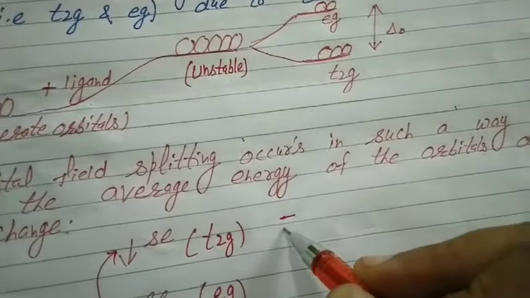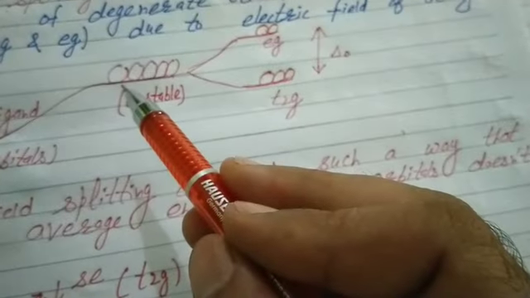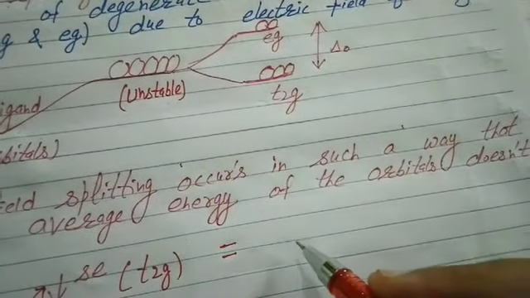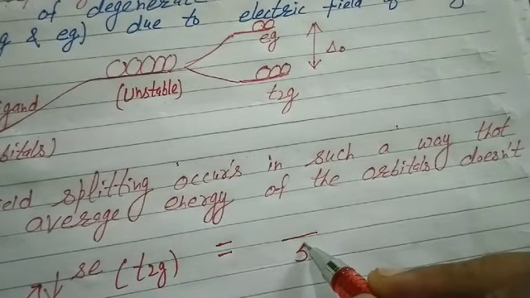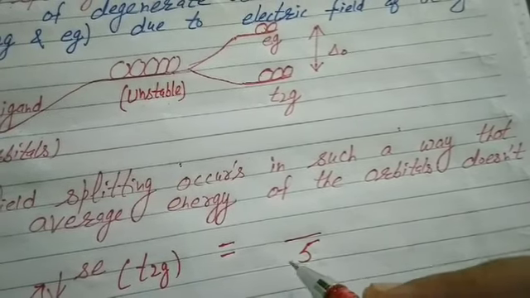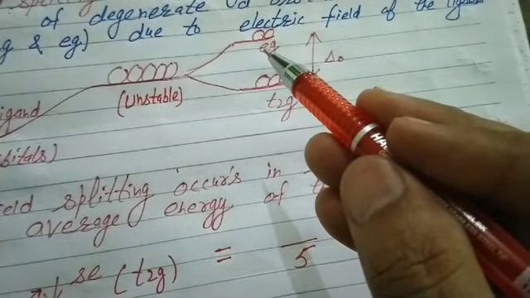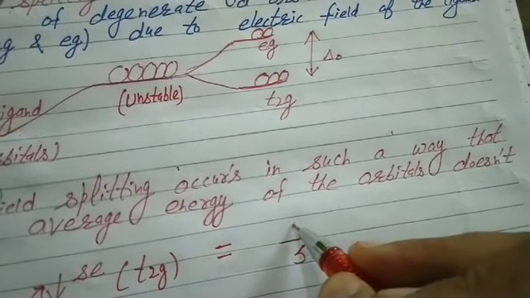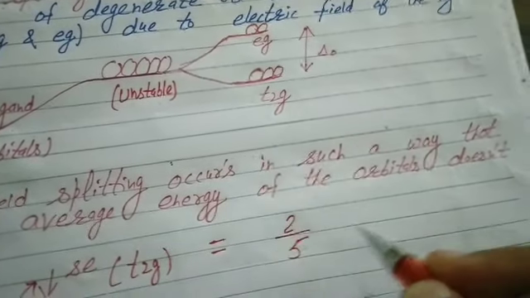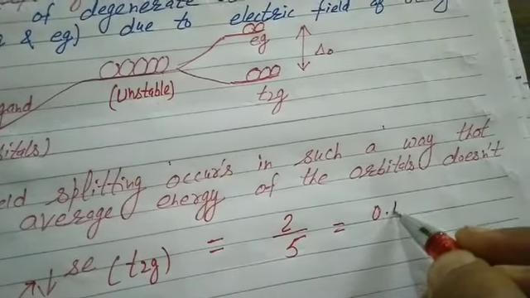How to calculate? Total number of orbitals that split, d is the set of 5 orbitals. Take this as denominator. Now the net decrease is neutralized by the overall increase. Increase in the energy of the eg level, it is a set of 2 orbitals. Take 2 as numerator. Now it becomes 0.4 delta naught.